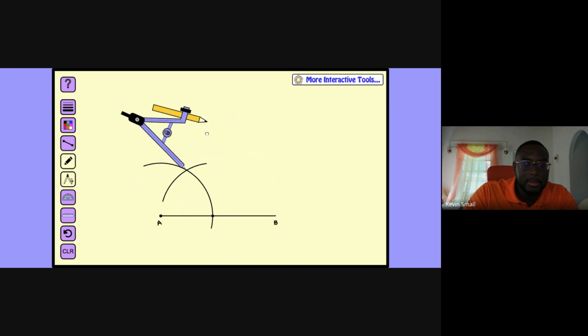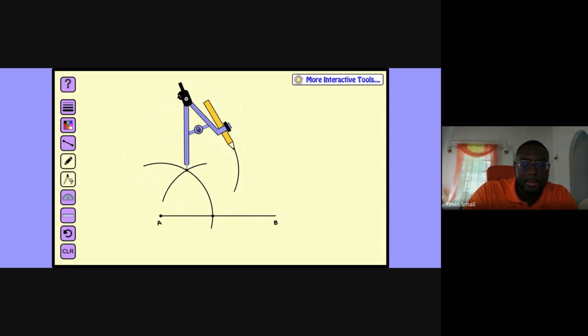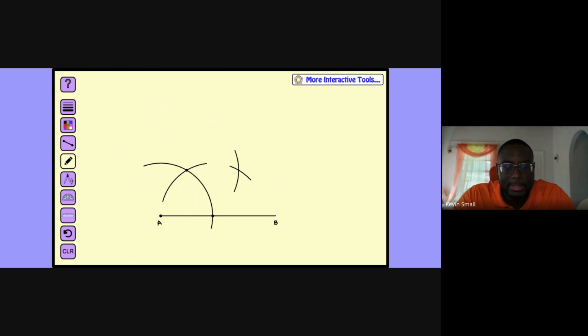I will bring my compass to the point where they meet and scribe a little arc here in the distance. I will lift it up and put it here again, turn it around, and scribe an arc there. And I have successfully cut that 60-degree angle into 30 degrees.